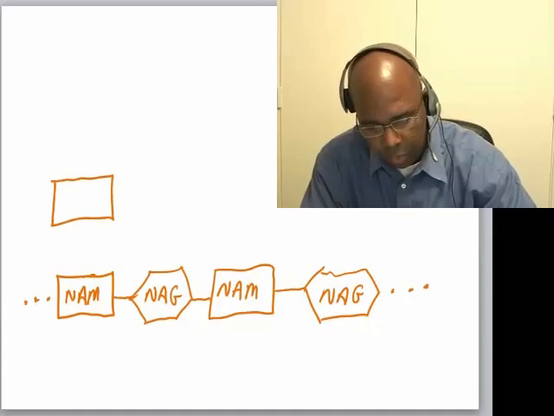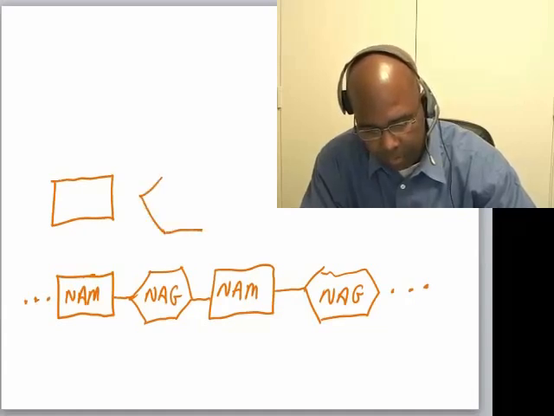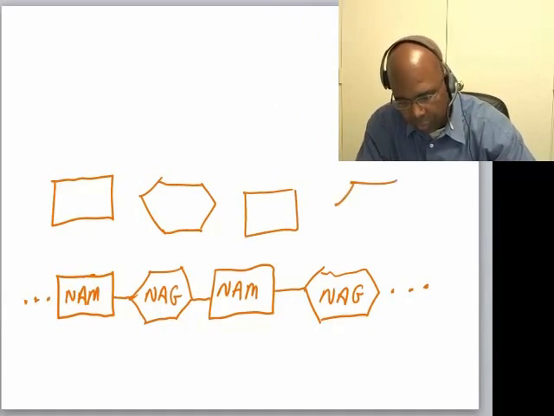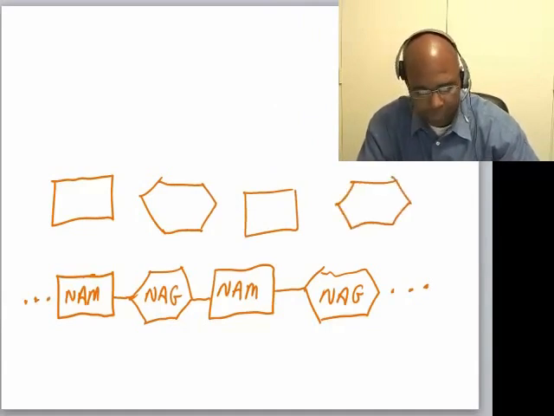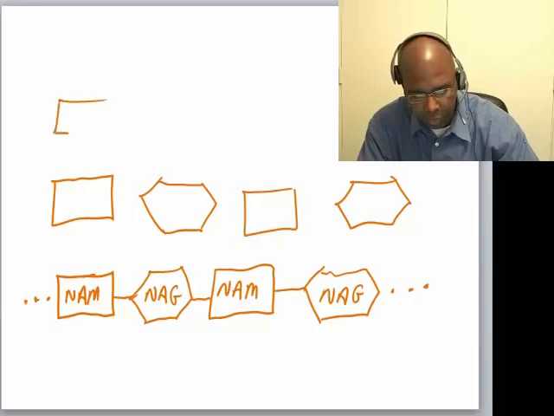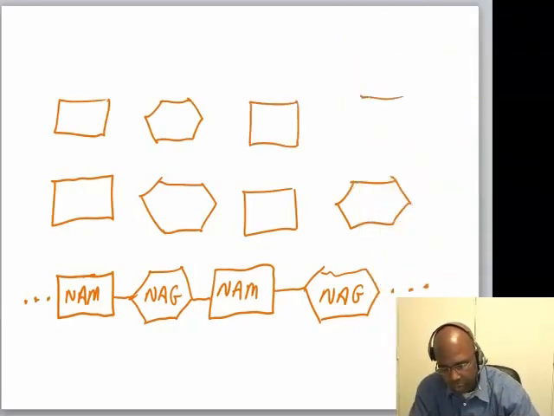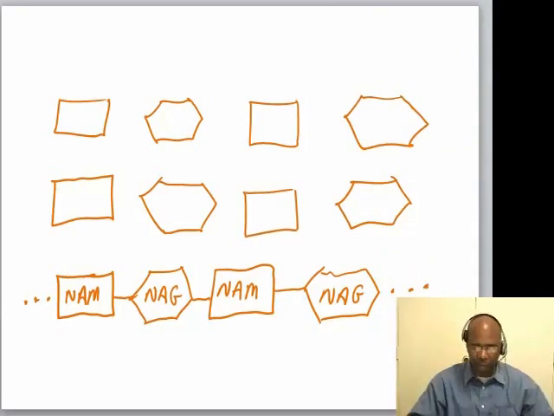Since you know what these are, the rectangles will represent NAM and the hexagons will represent NAG. We have another one, and then another one. We're just drawing our sheet right now, and this is going to continue on and on.